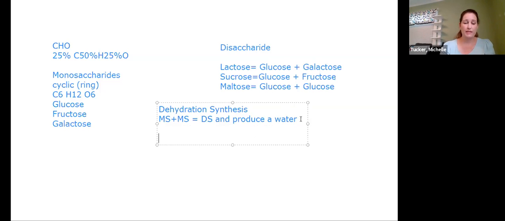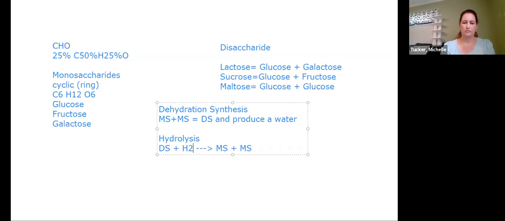And so in your small intestine, you want to do hydrolysis, which is where you break down a disaccharide, and then that is going to go into a monosaccharide, and then another monosaccharide. But in order to do that, you need to consume a water.